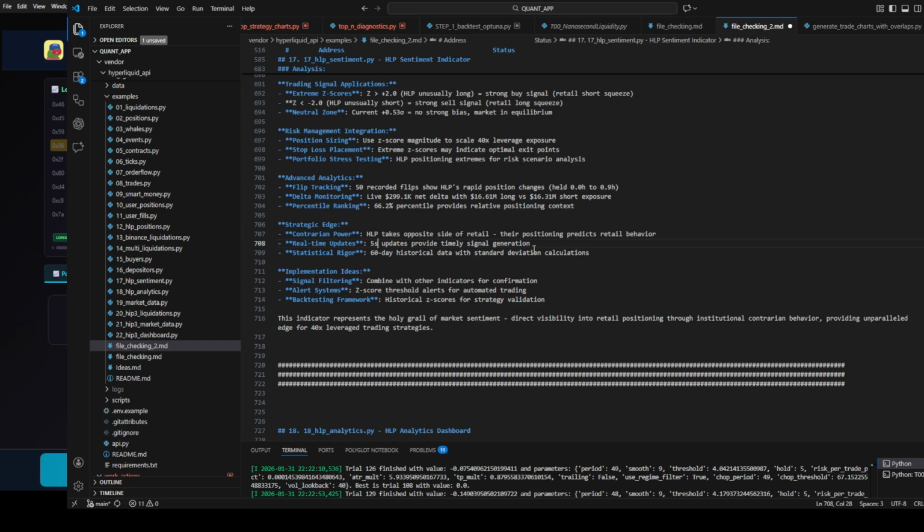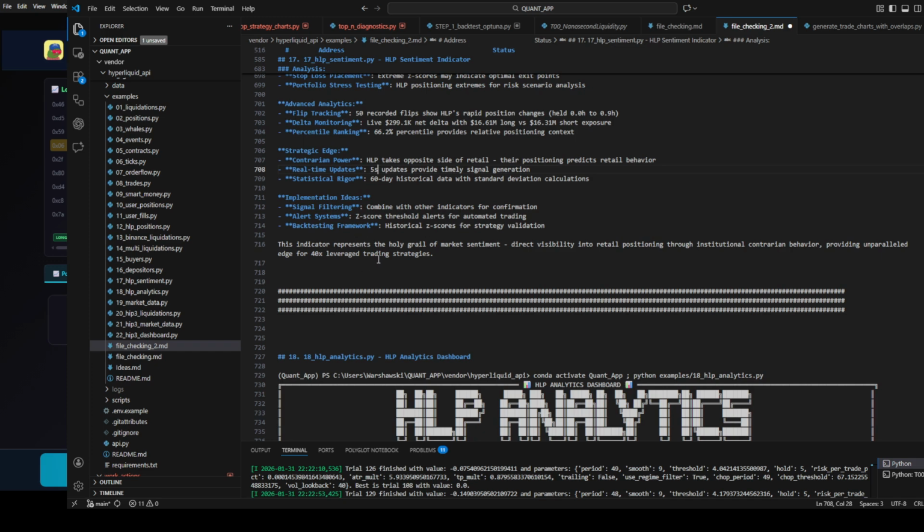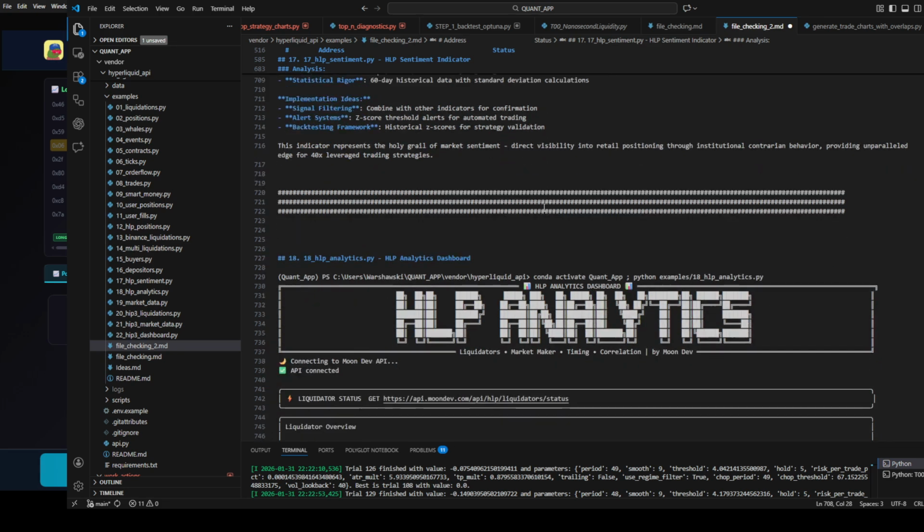Backtesting framework: historical z-scores for strategy validation. Okay, so this indicator represents the holy grail of market sentiment, direct visibility into retail positioning through institutional contrarian behavior, providing unparalleled edge for 40x leveraged trading strategies.